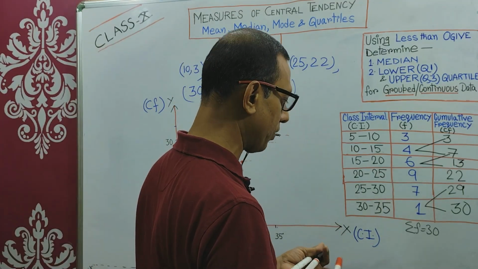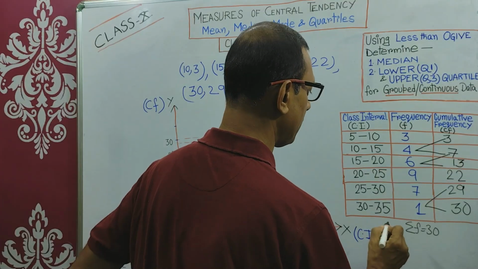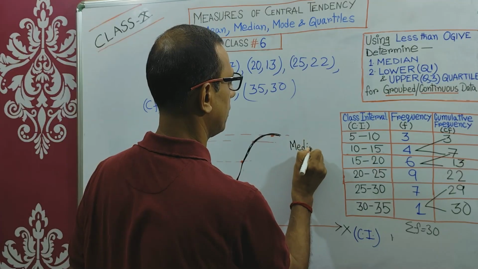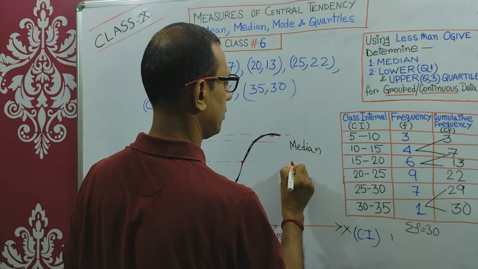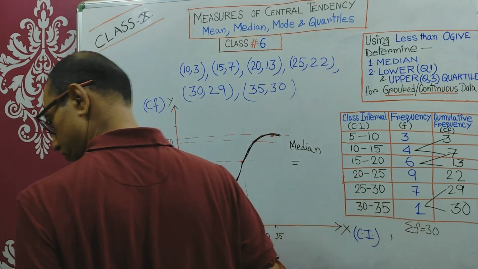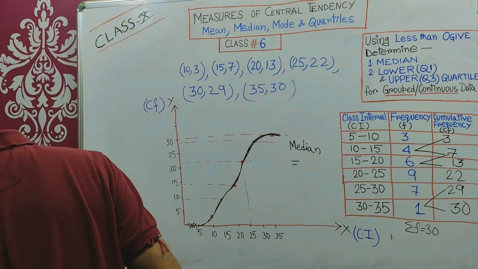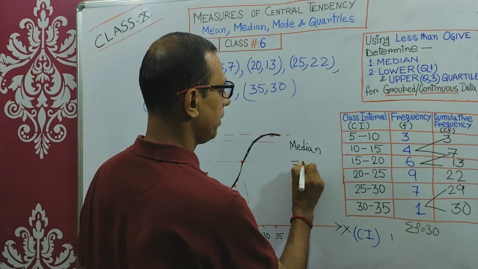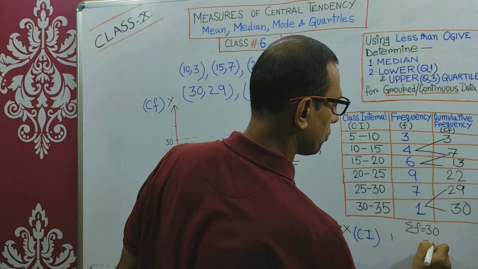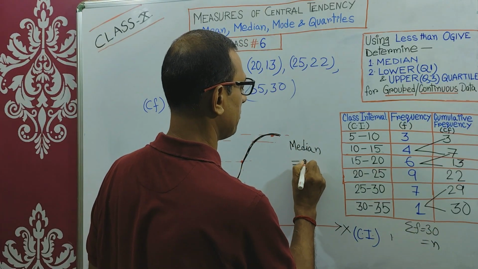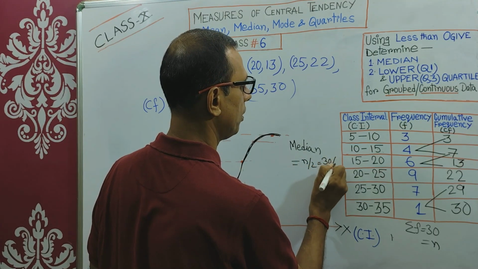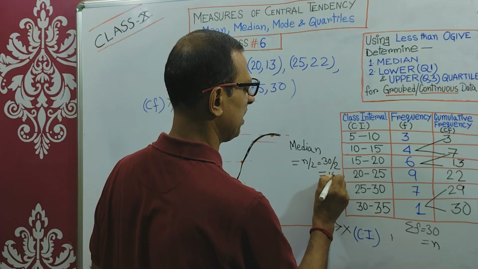So the median position will be n by 2, that is 30 by 2, that is equal to 15.